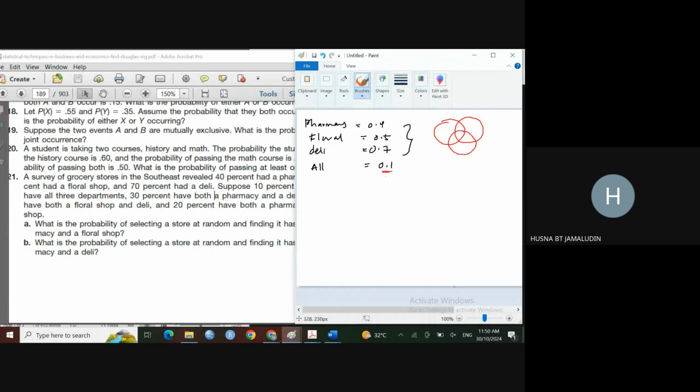Where is this 10%? It is the center, where the three departments overlap, meaning they all have all three departments. This is how your Venn diagram looks. Let me put the 10% here.